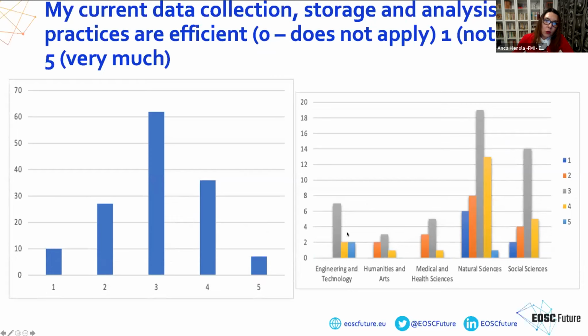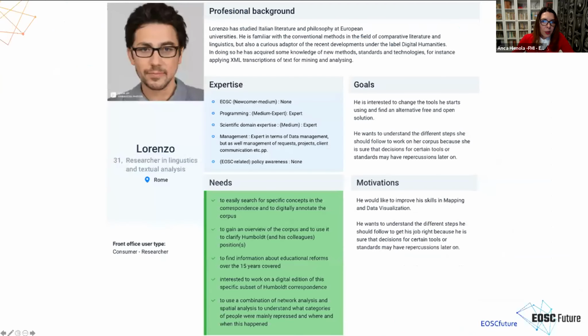We had also many other questions related to the EOSC Portal, but unfortunately the time works against me here, so I cannot present them to you at this moment. Based on the survey results, we were able to create several personas. We are still working on them, but you can see here one example, Lorenzo, 31, who is a researcher.